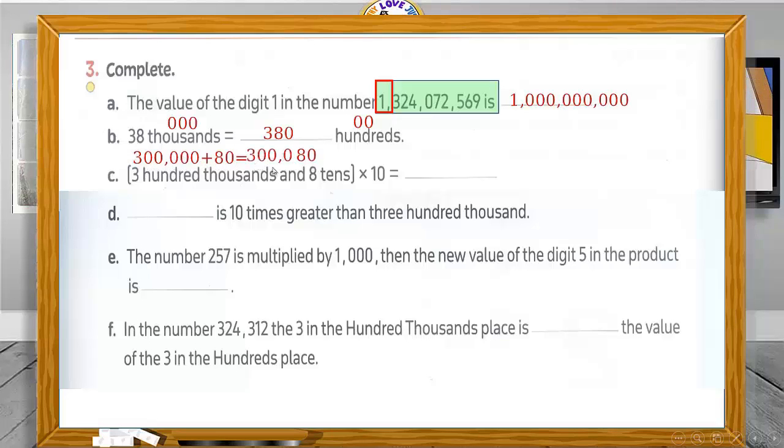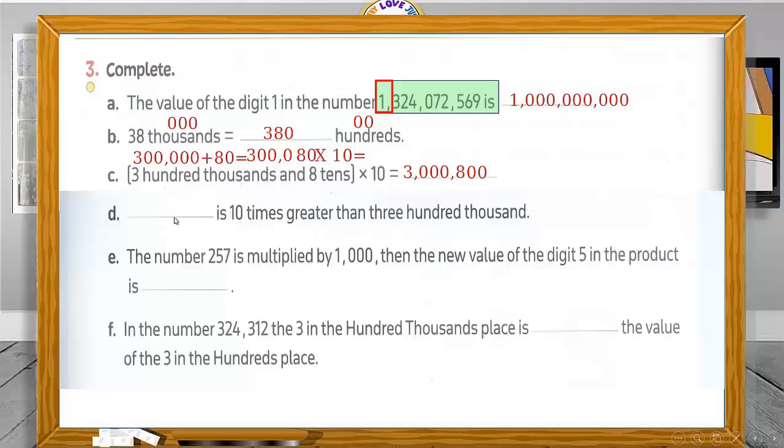Write 3000 out. Here, your number is what? 300,080. Multiplied by 10. Write times 10. Now, if you multiply two numbers like this, you have here 0 and here 0, you should put two zeros out and multiply 1 times all digits here, equal the same digits, 3,800,000. This is the answer.